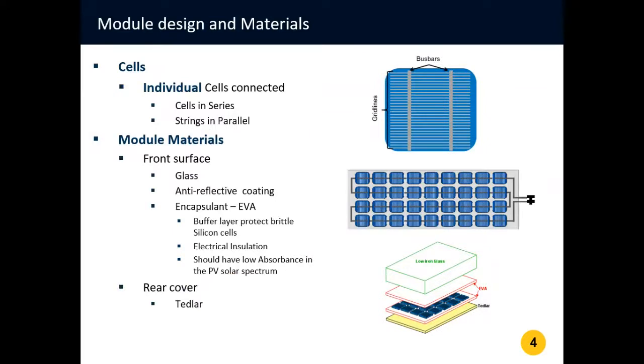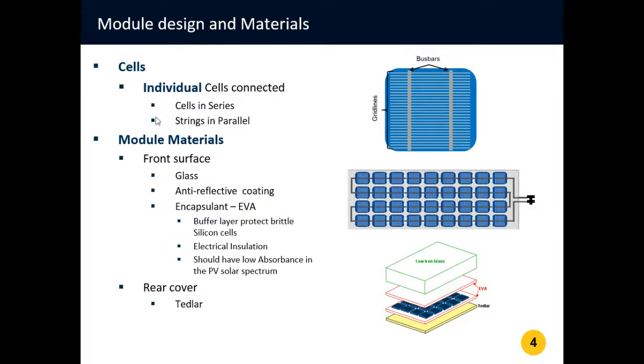So the module design of a typical PV module is explained in the slide. So individual cells are connected in series to form cell strings, and then these strings are then connected in parallel within the module.